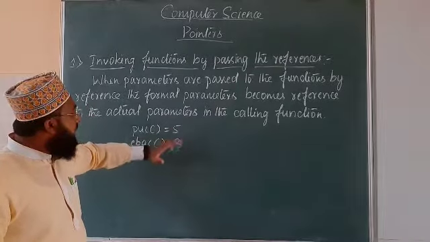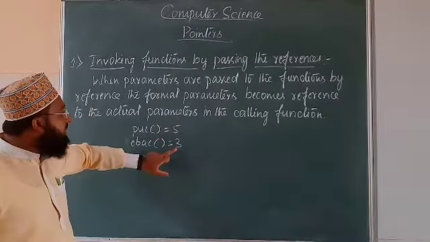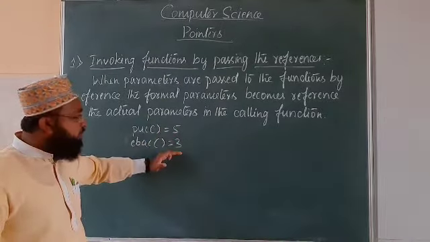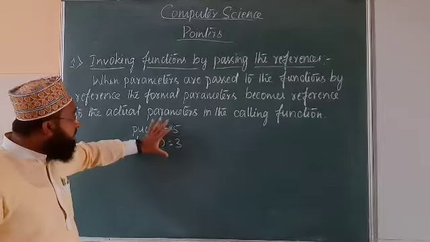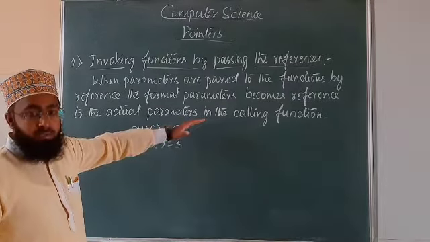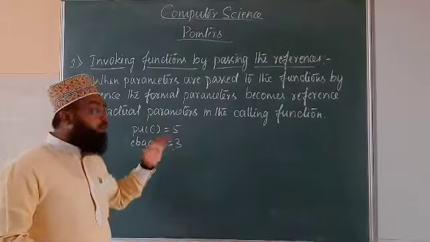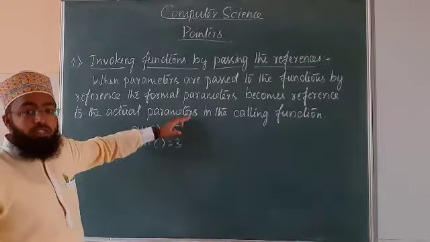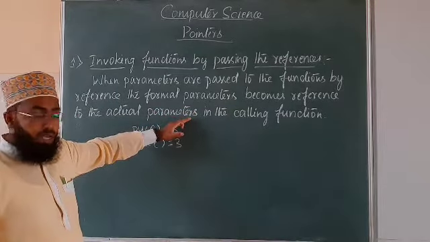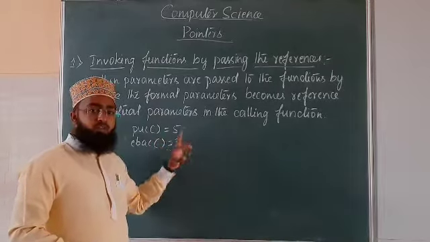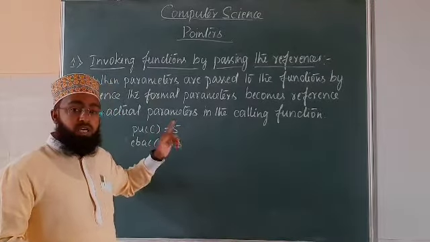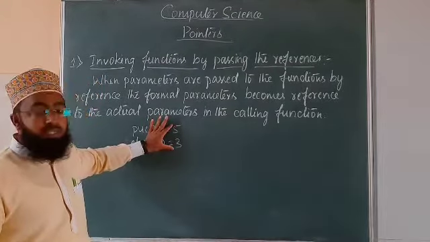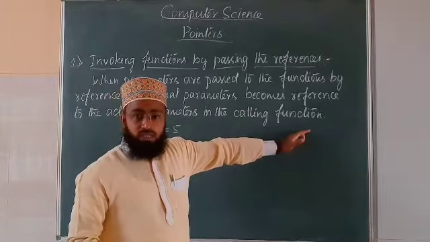When the values are swapped, it means 3 has shifted to PUC and 5 has shifted to EBAC. The formal parameters which were given initially become the reference to the actual parameters. After swapping, the swapped parameters become references to these parameters in the calling function.